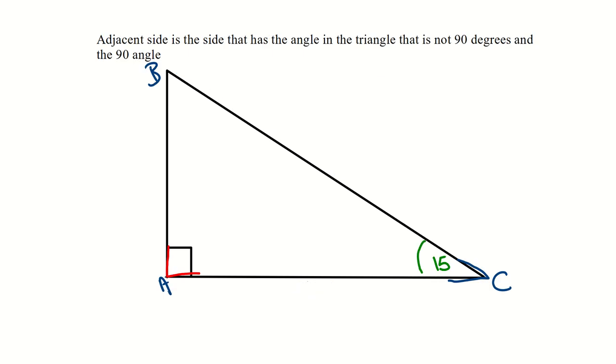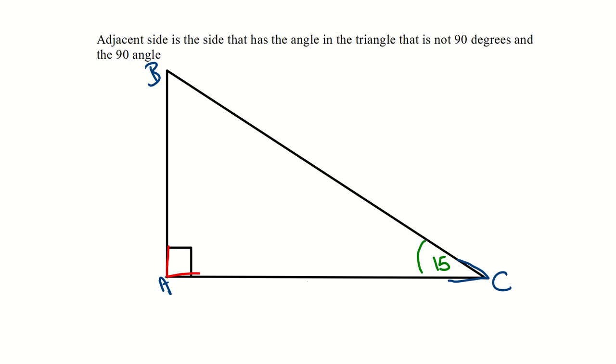Then we're going to learn about adjacent. Now, the adjacent side is a side that has both the angle in the triangle that is not 90 degrees and the 90 degrees angle. So it's a side that contains both your 90 degrees and that angle that is not 90 degrees. So we have 15 degrees here in green and we have 90 degrees here.